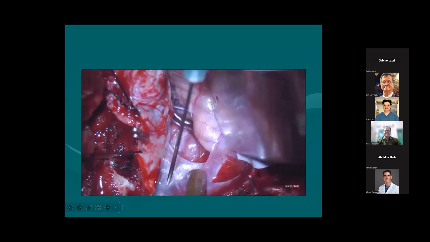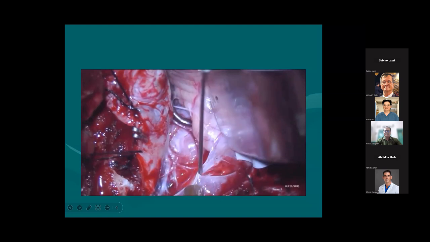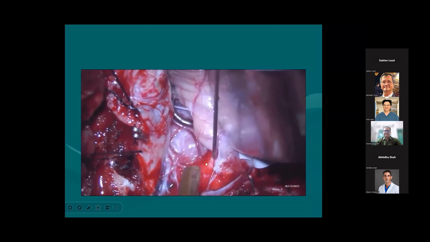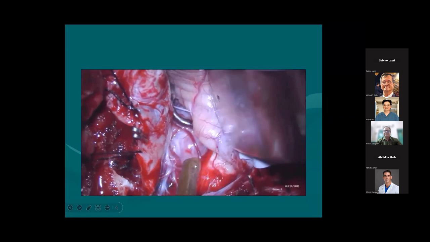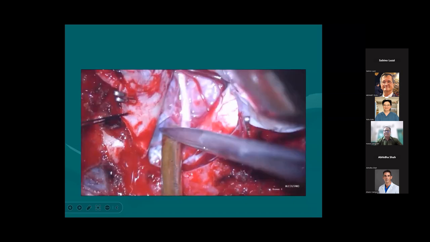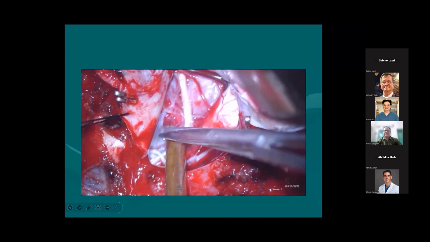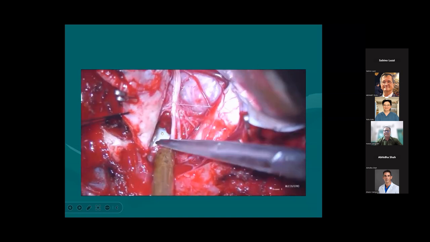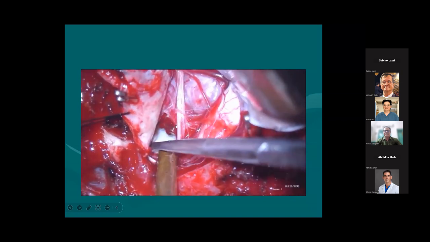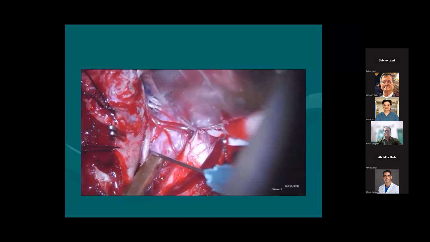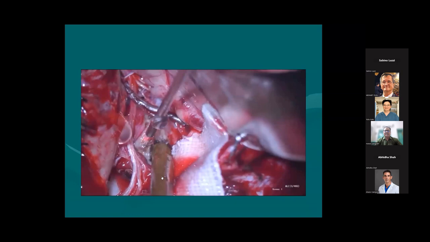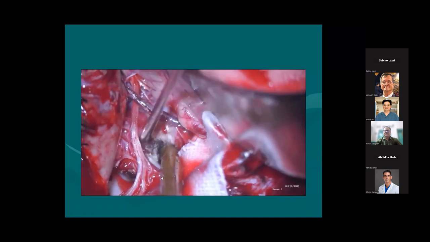This is the spinal accessory, the C1 nerve root. This is the tumor. This is arising from the vertebral artery. The dentate ligament is incised to identify the vertebral artery. And the tumor was adherent to the vertebral artery.